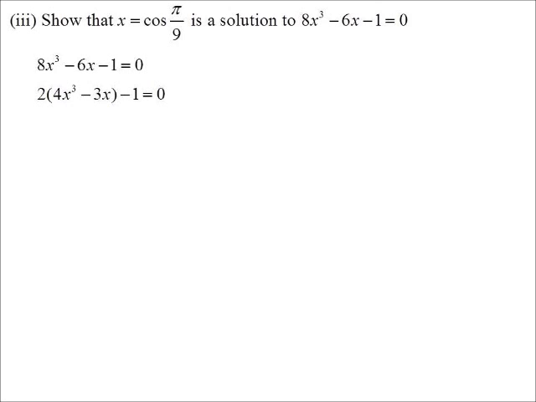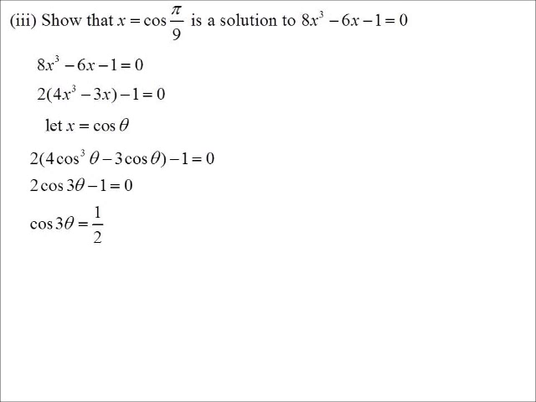You might see that pattern, 4x cubed - 3x. If I let x = cos theta, then I can substitute in, because this now becomes 4 cos cubed theta - 3 cos theta. But that's what we just said cos 3 theta is. And we end up with a very easy equation to solve. Cos 3 theta is a half. And we can do that. It's one of our exact values.